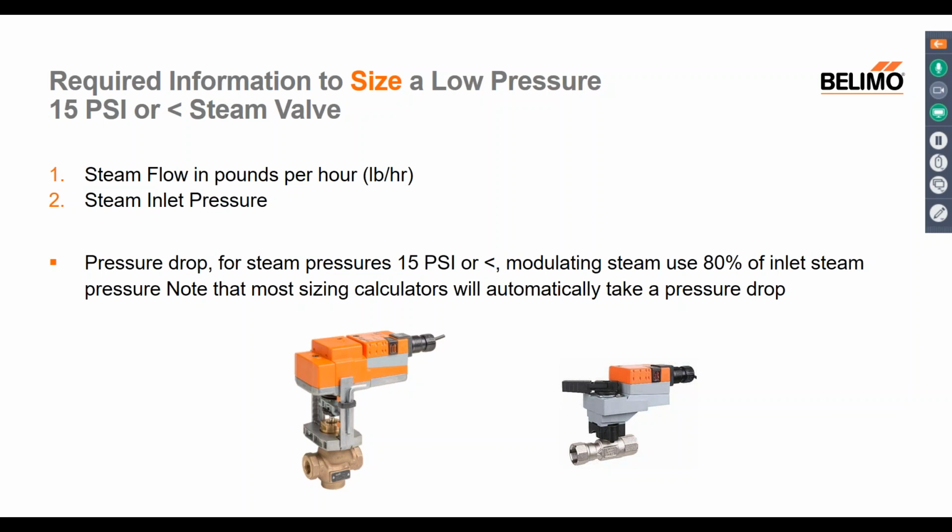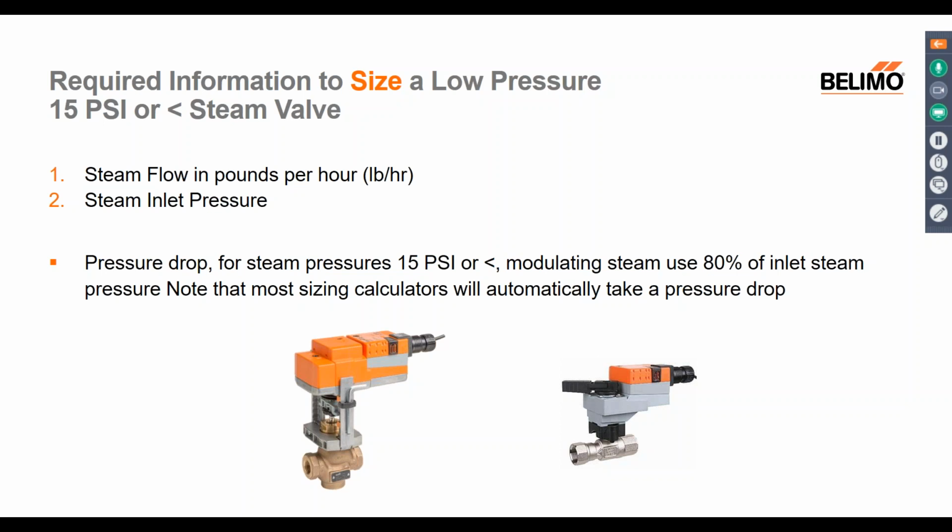So it might just say it's a 2,000 pounds per hour steam load, or that would be somewhere around 1970 MBH, and the inlet pressure designed at 7 psi. So that's what we use. We use that 7 psi. So when we're sizing new systems, we take this off of the equipment schedule.